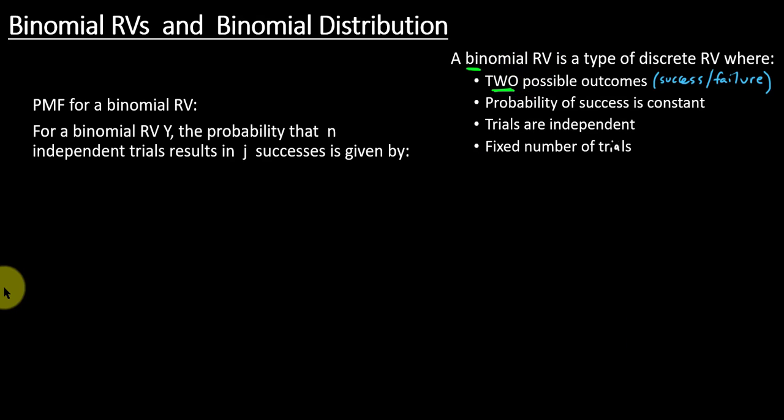The probabilities that define a binomial random variable can be described in a probability mass function, PMF, and they actually follow a formula. So we'll take a look at that formula here in a second. And just a reminder of some notation, we'll write it all out.